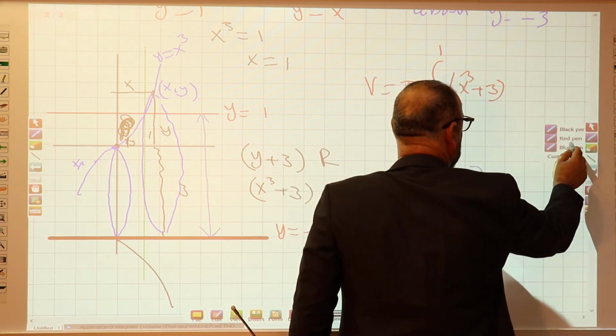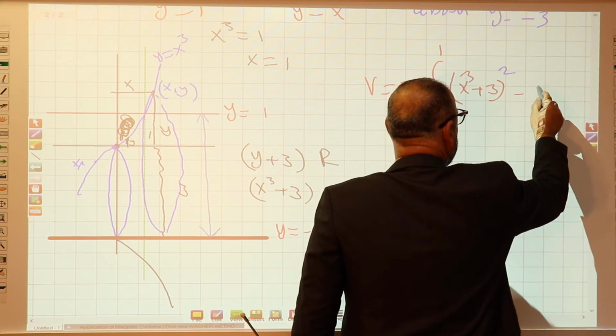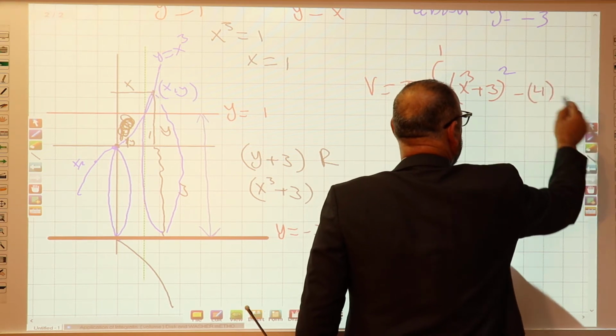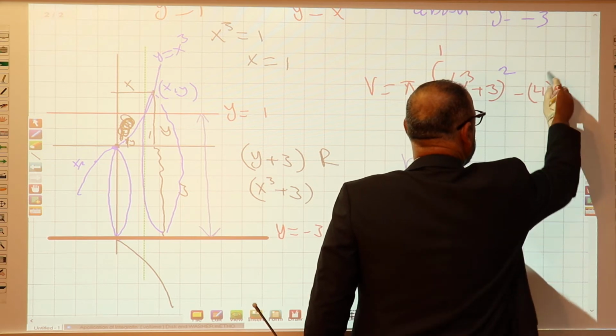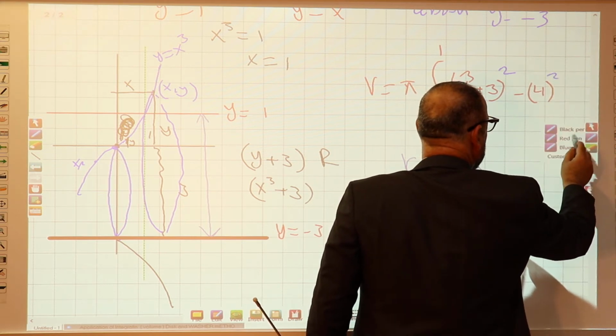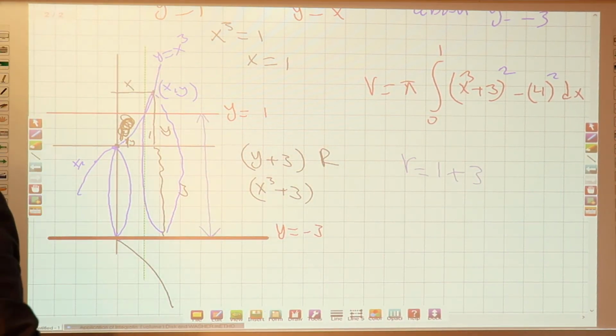Apply the formula, minus 4 squared, dx. Then you do the integration and finish your problem.